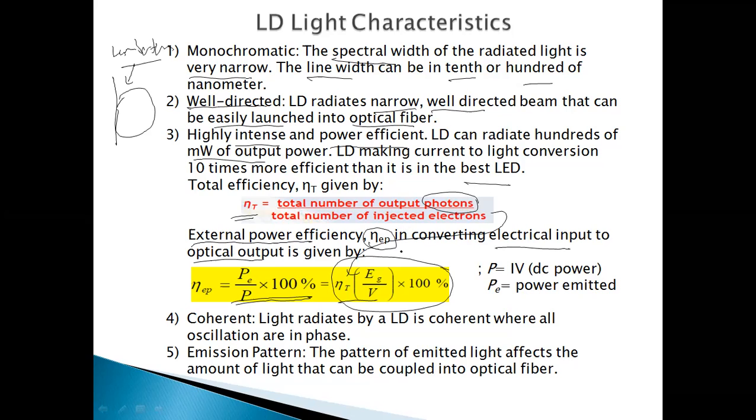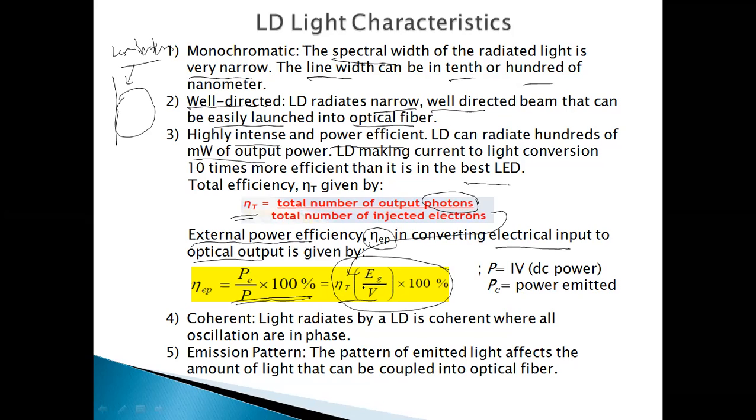Number four is coherency. We have learned before in lecture 7 what is meant by coherent. Coherent is a case whereby the light is said to have the same phase and about the same frequency.